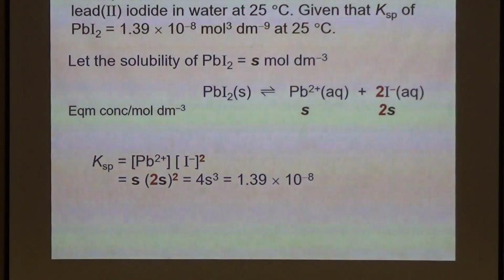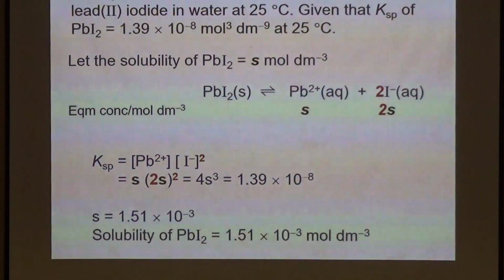So your KSP expression is there, and in terms of S you get 4S cubed equals 1.39 times 10 to the power minus 8. You solve for S, which is 1.51 times 10 to the power minus 3 mole per dm cubed. So solubility unit is always going to be mole per dm cubed.